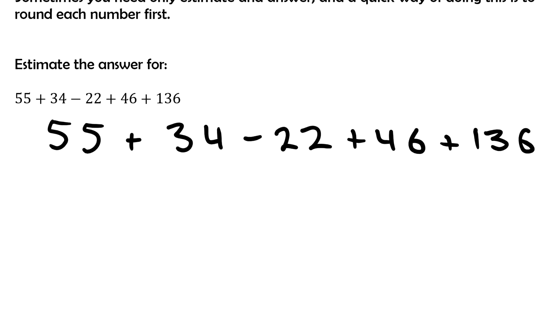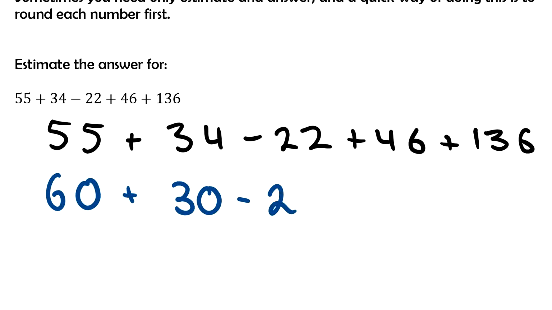So the 55 becomes, let's do it in a different color, 60. 34, so the 4 is less than 5, so that goes to 30 because we round down. 22, the second digit is less than 5, so it rounds down to 20. We have 46, the second digit is greater than 5, so that becomes 50.